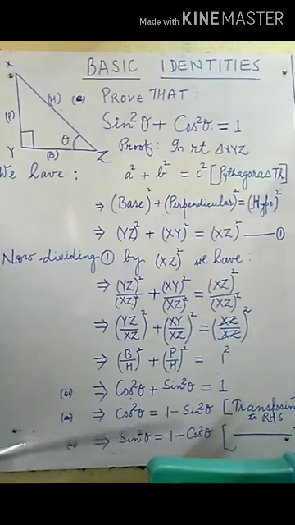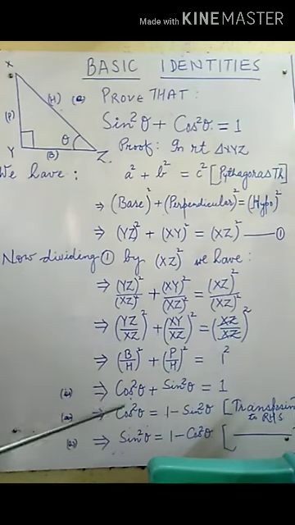Clear? So in the place of sine square theta, we can note down 1 minus cos square theta, or in the place of 1 minus cos square theta, we can note down sine square theta. On the basis of this first identity, we have established 2 more identities, which are very helpful in proving left hand side equal to right hand side.